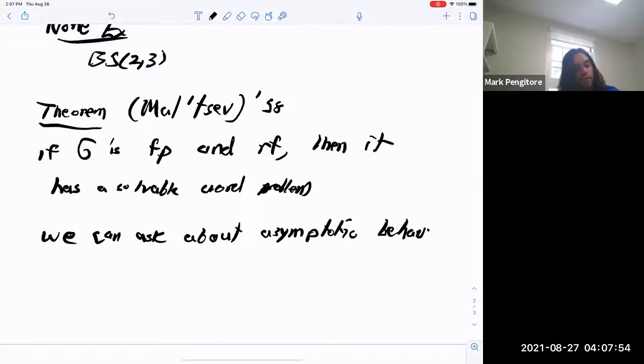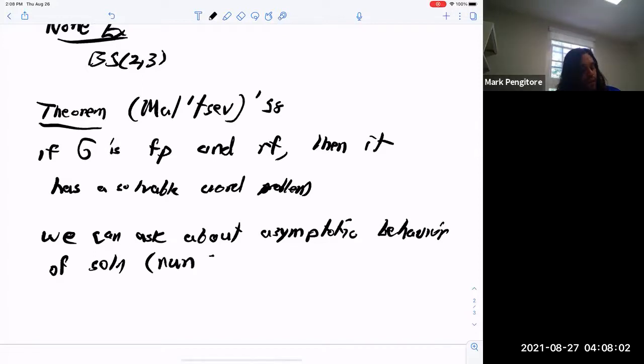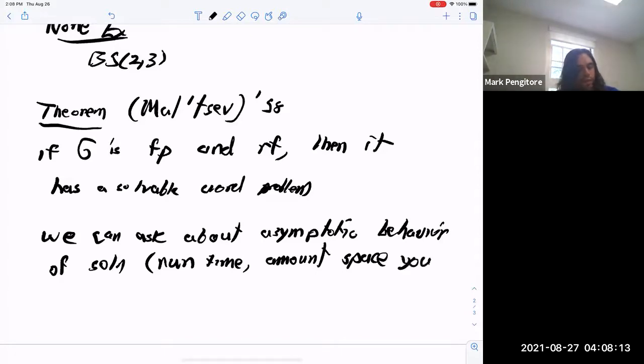What I mean here is, for people who are familiar with this, you can ask about the runtime, the amount of space you need, and this is for doing computations and so on and so forth.